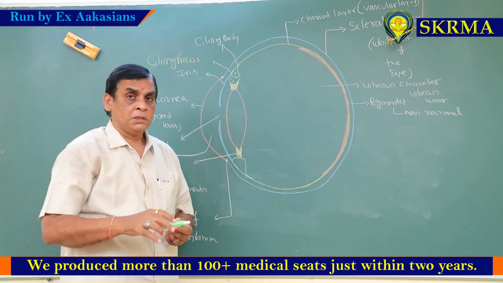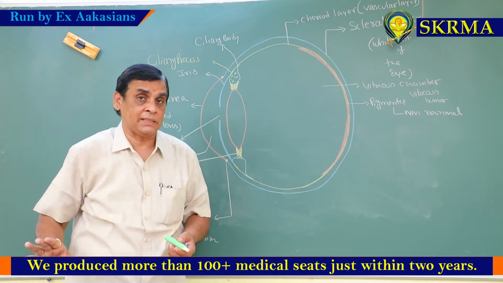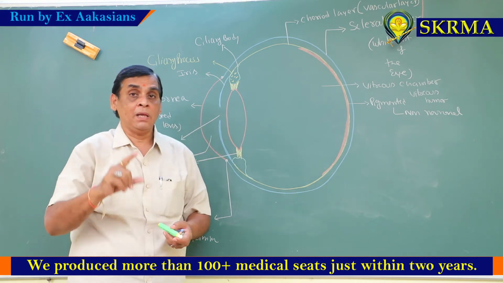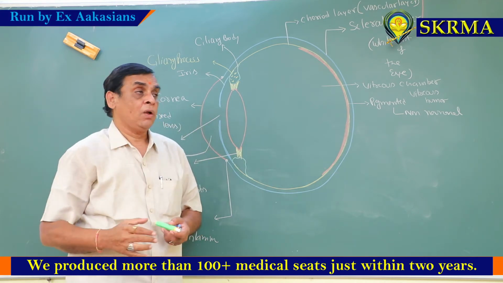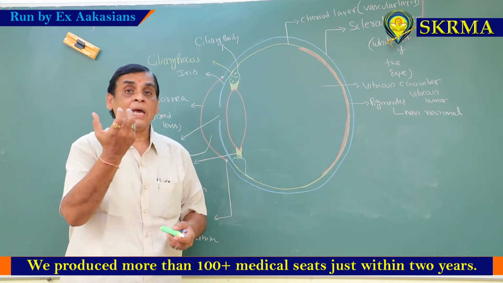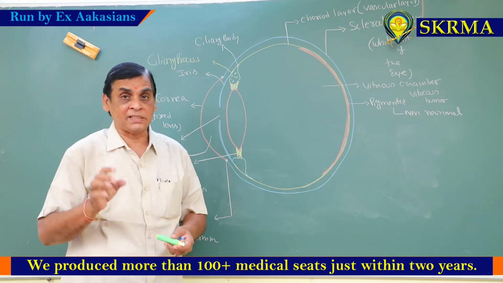It is a non-neuronal layer. It is not useful for the conduction of neural activity. Then for what? It prevents the reflection of light. Once light is received, it should not be reflected. It is absorbed and prevents internal reflection.